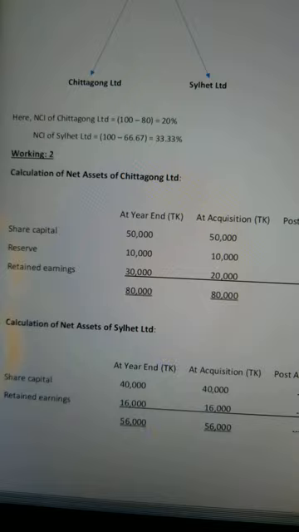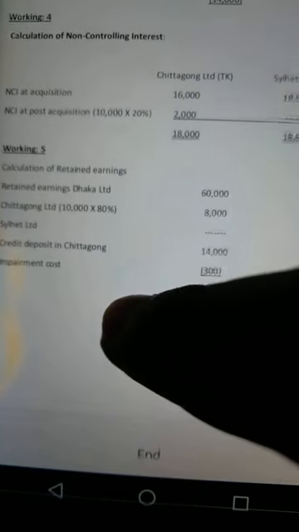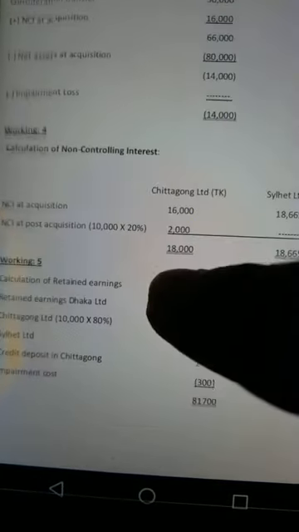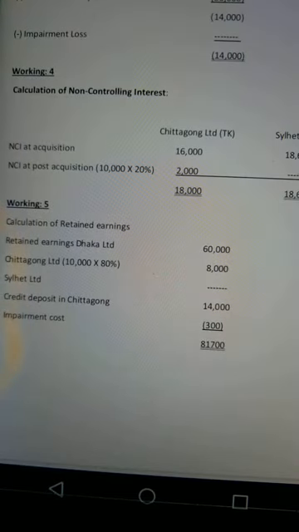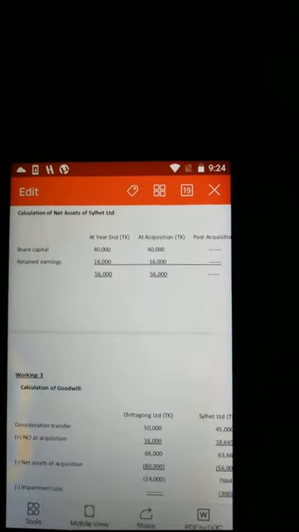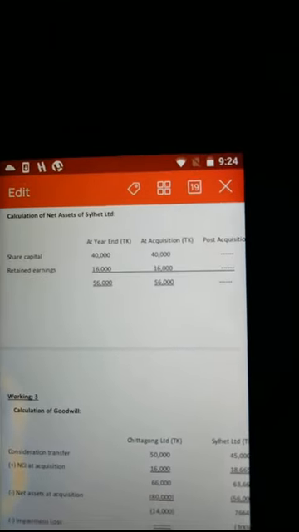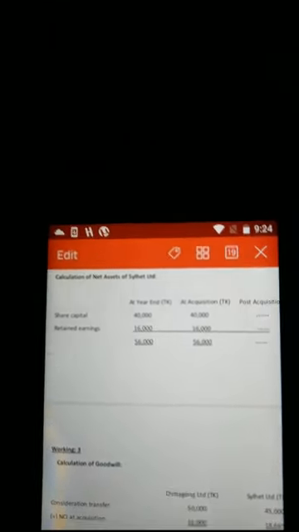So the NCI is 20% for Chittagong and 33.33% for Sylhet.